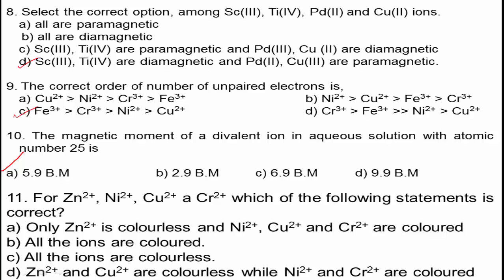But the rest, Ni2 plus, Cu2 plus and Cr2 plus, have unpaired electrons which can undergo electronic transitions and hence show colors. Therefore, the answer is A.